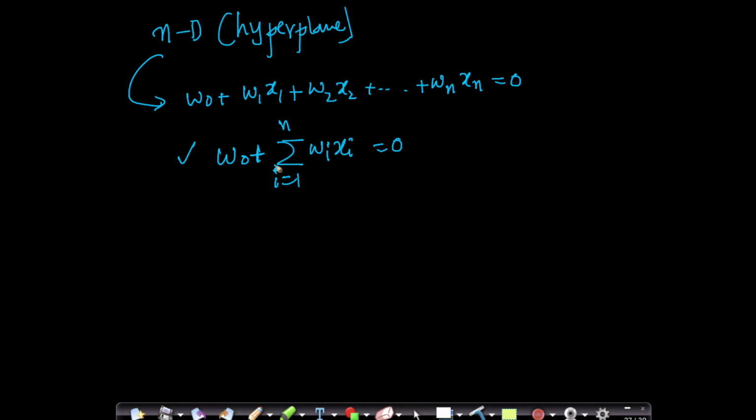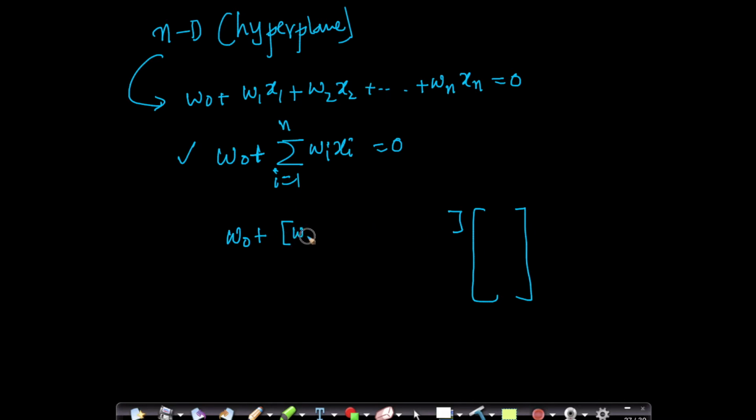There is a slightly more interesting way of doing it, which is I can write it as w0 plus, imagine if I create a vector w. This vector, I'll call it w. Those of you who remember how to multiply two vectors or multiply matrices will quickly recognize this.